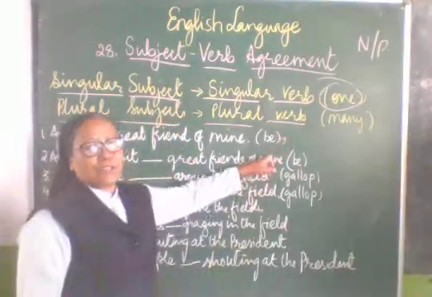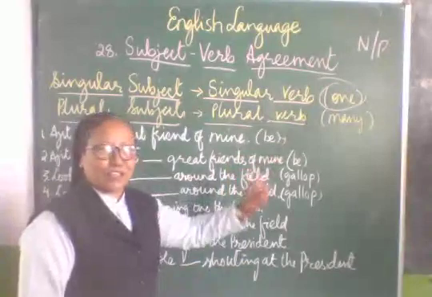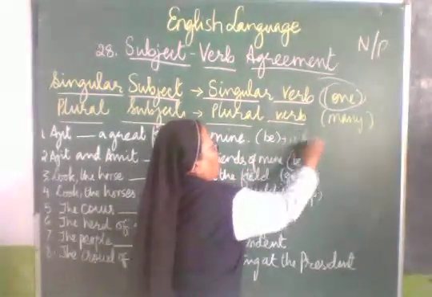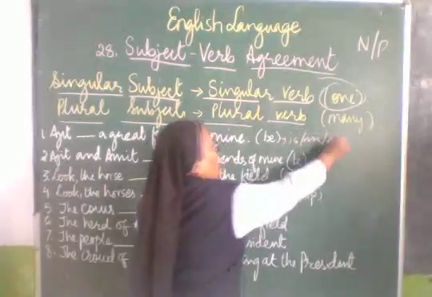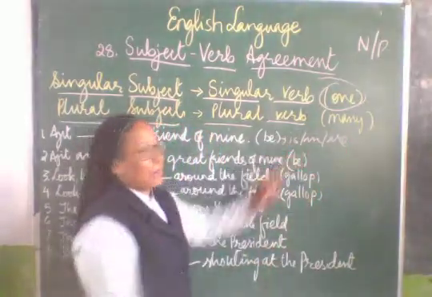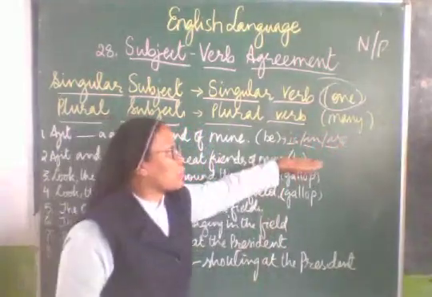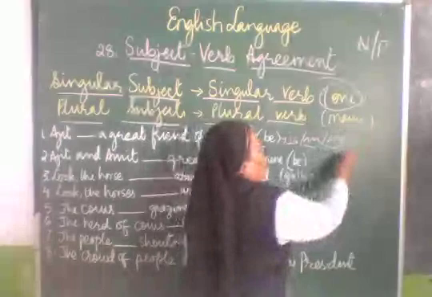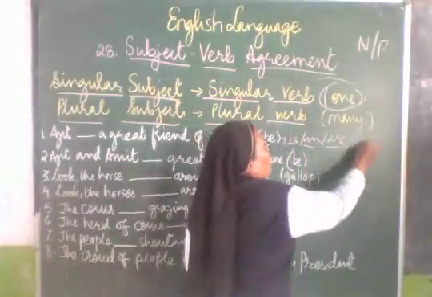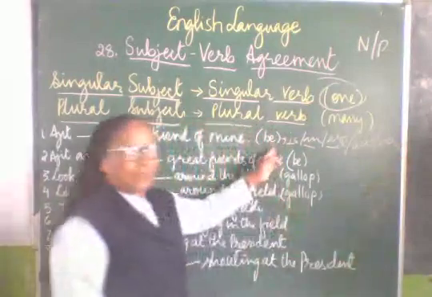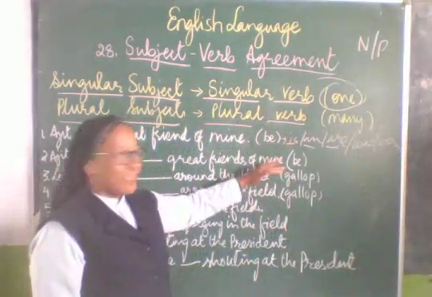As in the last classes, we have discussed it many times: is, am, are. Is and am are singular, are is plural. If I have to make this past, it will be either was or were. So please do remember.